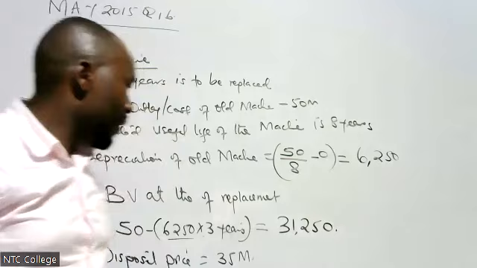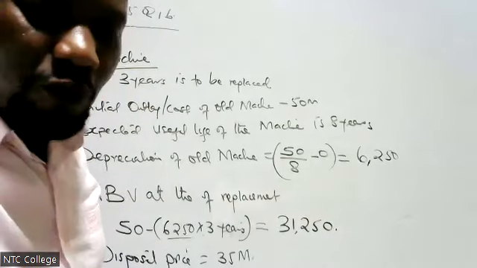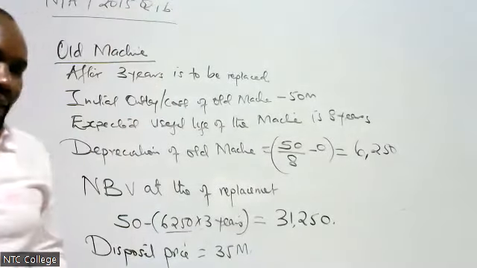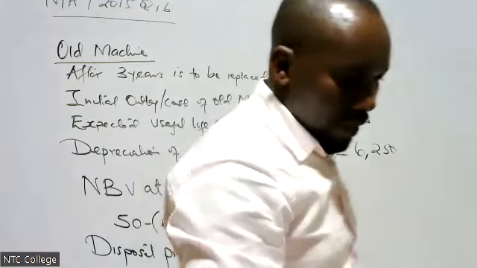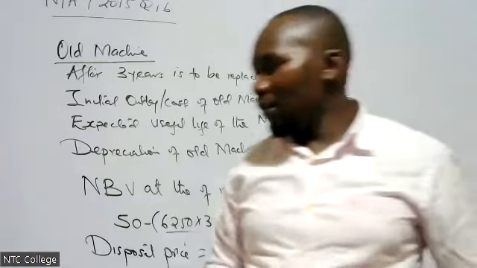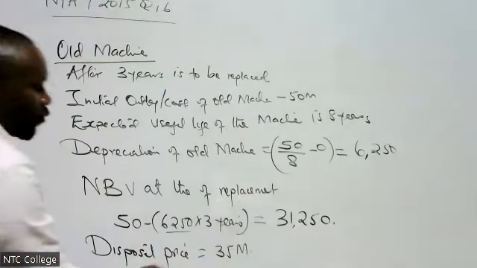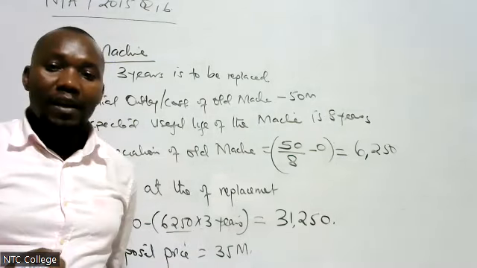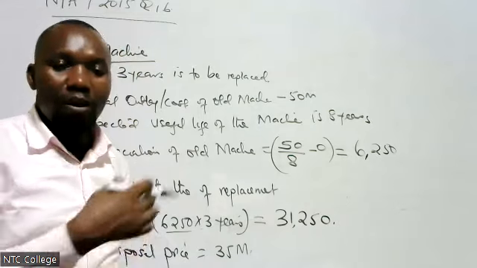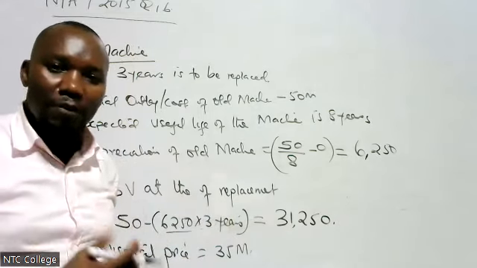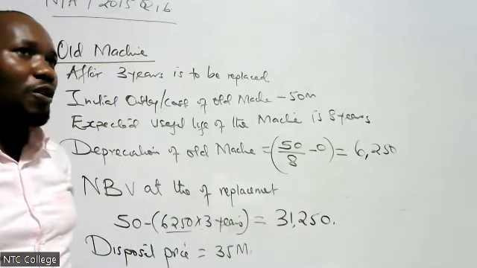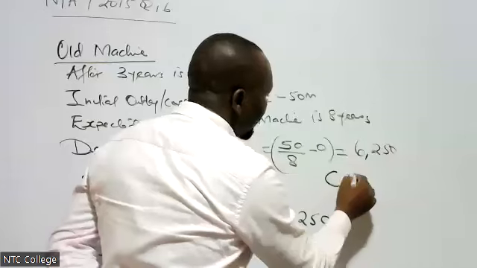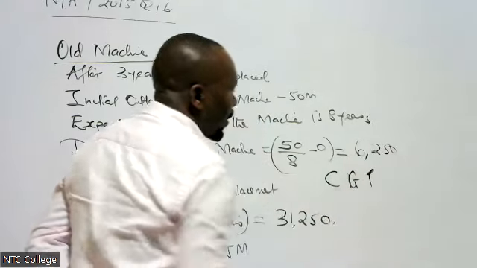Are we together? So if you are making a profit, there is something we call the tax on disposal, tax on gain on disposal. When you make a profit, you pay tax. Whenever you sell a capital asset, like a building or land, and you have gained something, there is tax on capital gain, what we normally call CGT, capital gain tax.